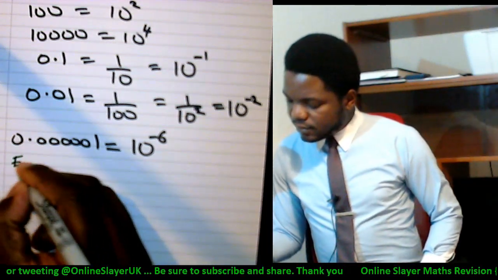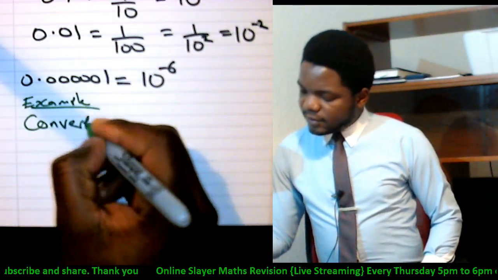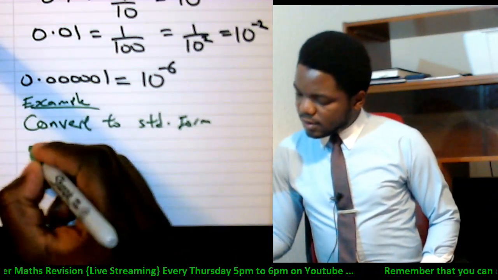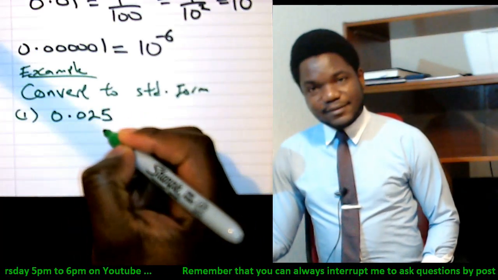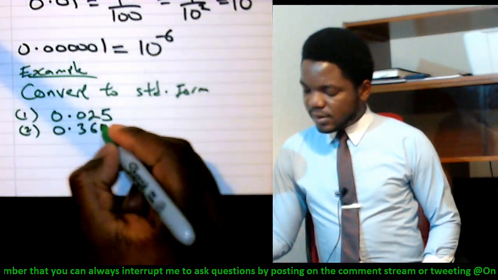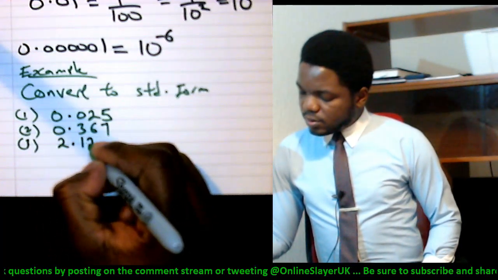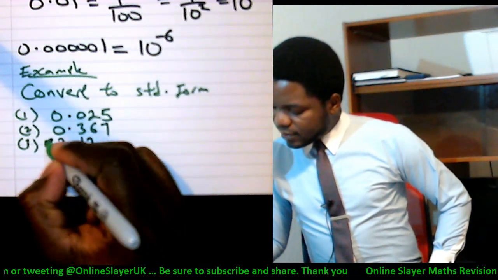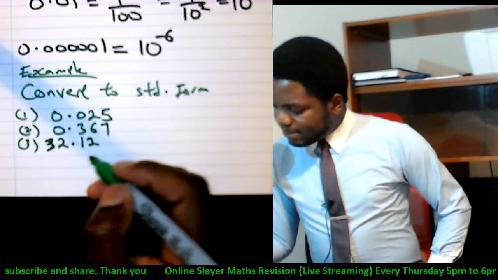For example, convert to standard forms: 0.025, 0.367, 32.12, because that was almost in standard form already. Solution to this.